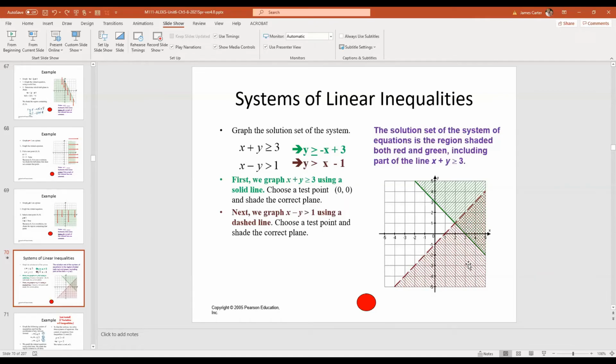This graph by the factory is wrong. Because greater, it should be the area shaded up here. Okay. Huh. Never noticed that before.